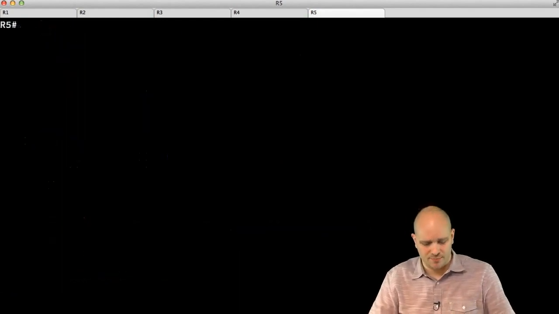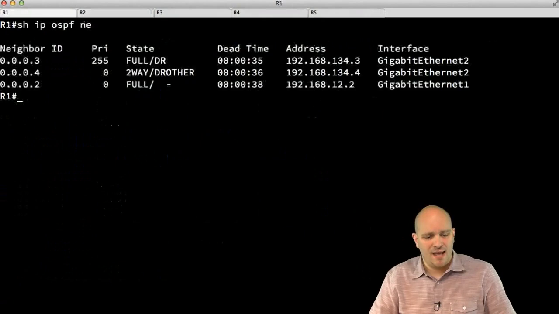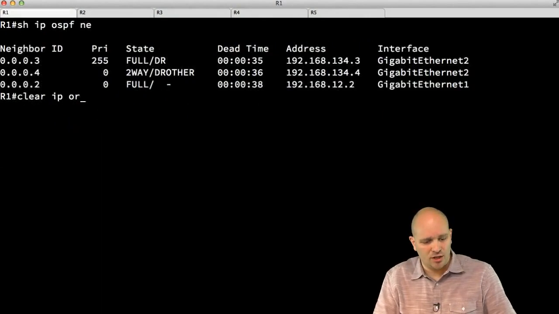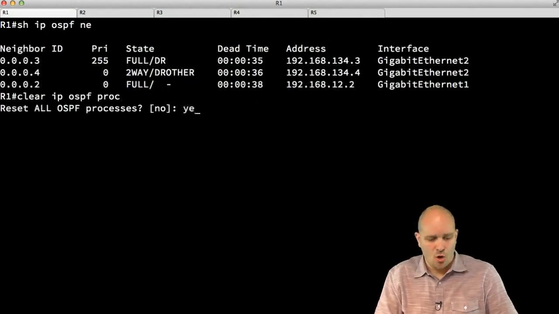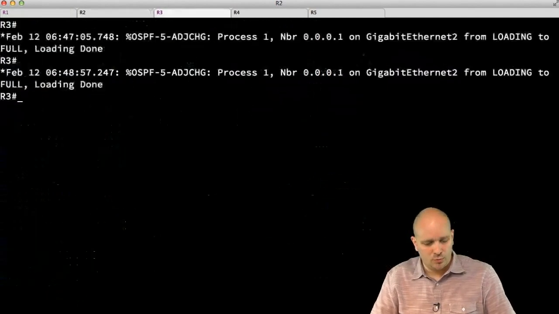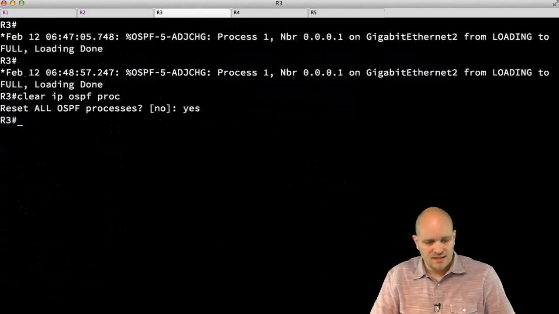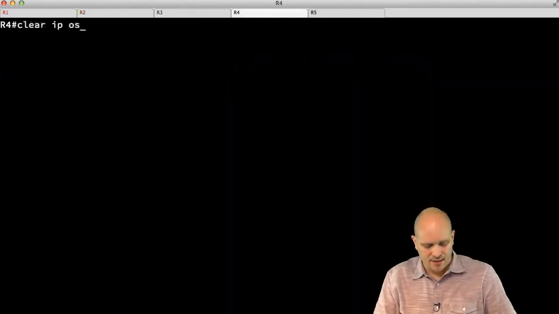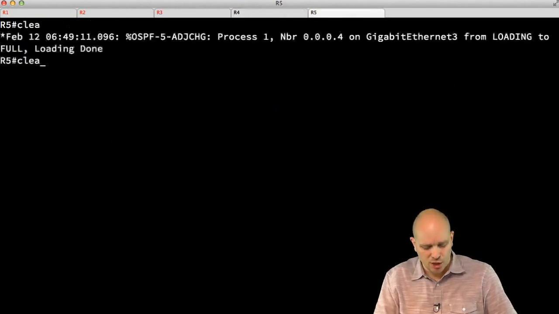So I'm going to do something that I should have done before. I'm just going to clear the OSPF process on all of my routers, because otherwise we are going to be seeing some of the stale LSAs, and that doesn't really provide for the best learning experience.